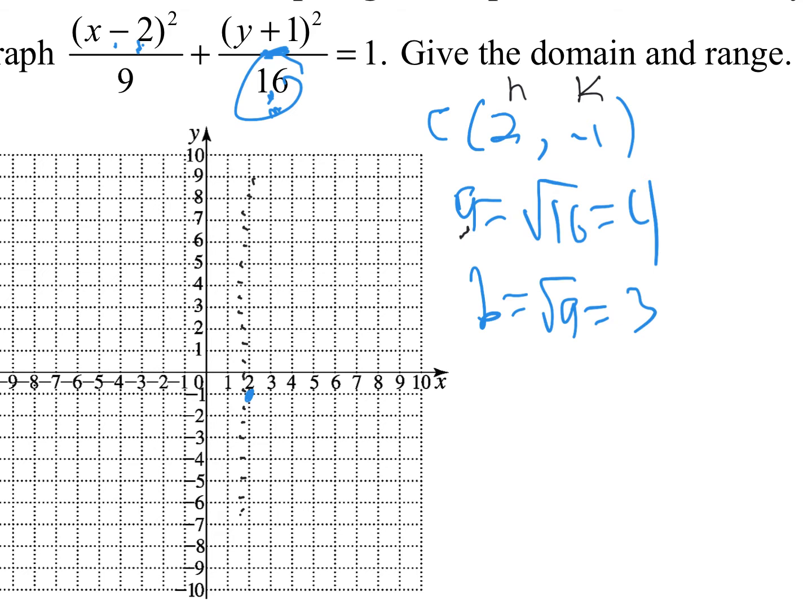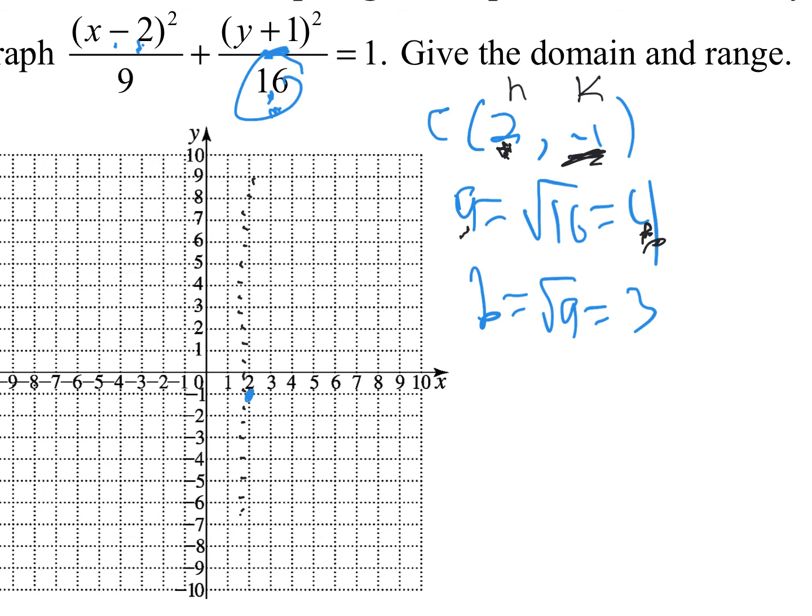It's vertical, so wherever I put H, that's stuck there, okay? So that's my center. So if my H stays constant, now I got to go H plus A, H minus A. Not H, I'm sorry, I was vertical. K plus A, K minus A.